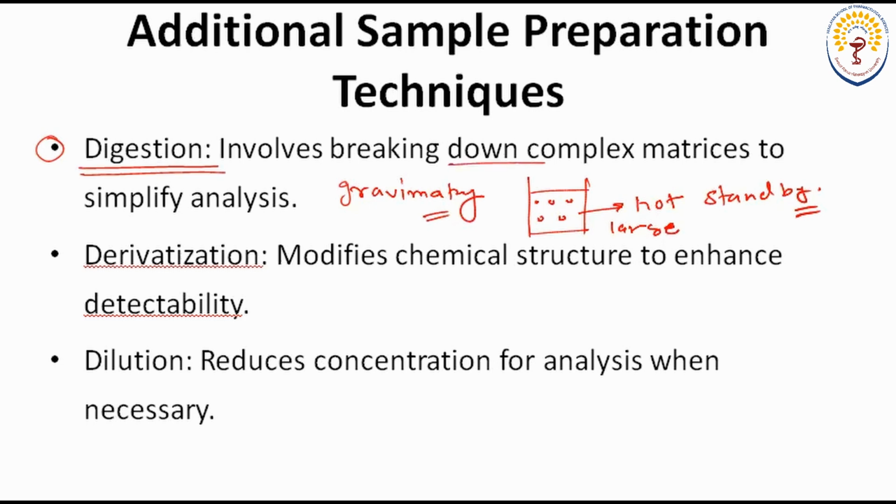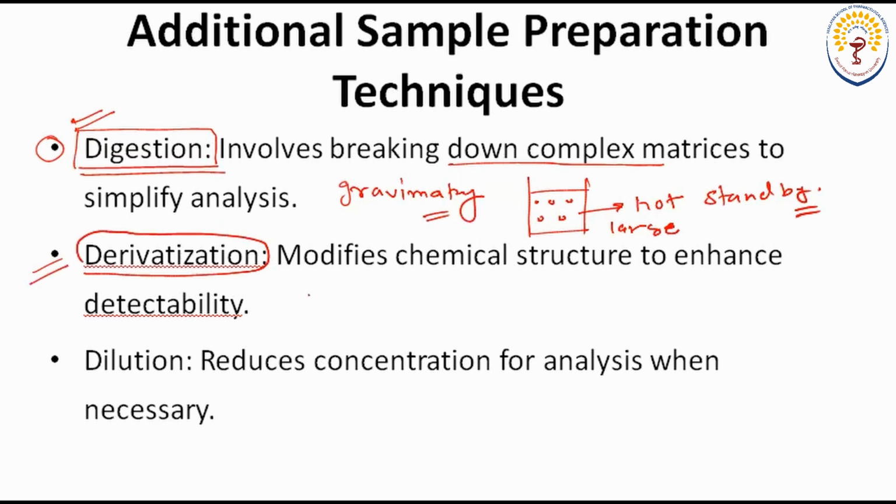So there is a breaking down of something, and obviously a larger thing is formed. This is known as the digestion process. Digestion is very important in gravimetric analysis. Obviously it is not used frequently; it is mostly used when we are dealing with precipitates. Now the next method is derivatization.